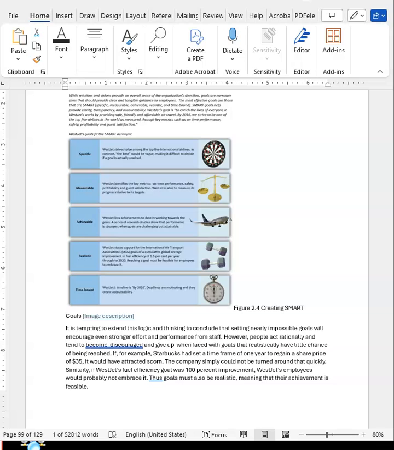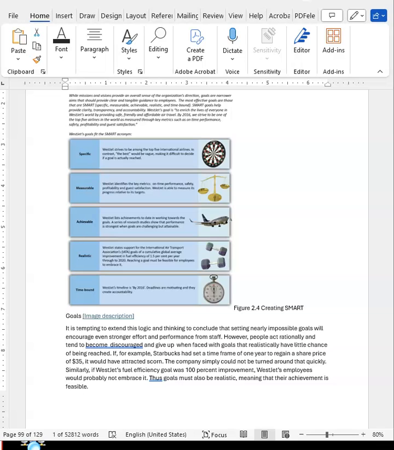It is tempting to extend this logic and thinking to conclude that setting nearly impossible goals will encourage even stronger effort and performance from staff. However, people act rationally and tend to become discouraged and give up when faced with goals that realistically have little chance of being reached.